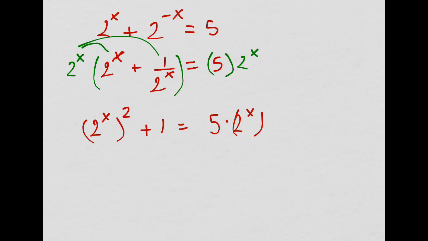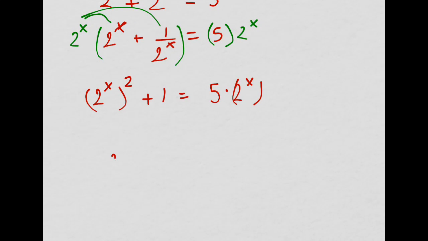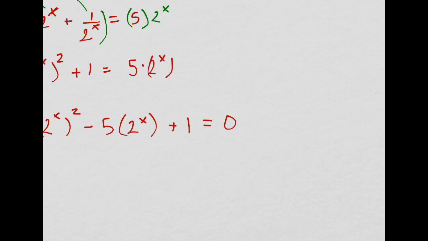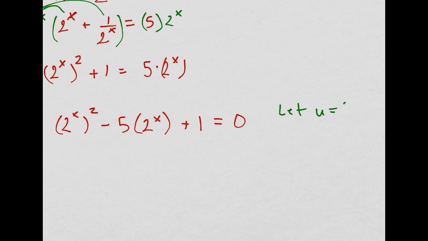Because it's squared there. So I'm going to get everything over to one side, and then I'm going to use some substitution. So I would have 2 to the x quantity squared, minus 5 times 2 to the x, plus 1 equals 0. And I'm going to say let u equal 2 to the x.